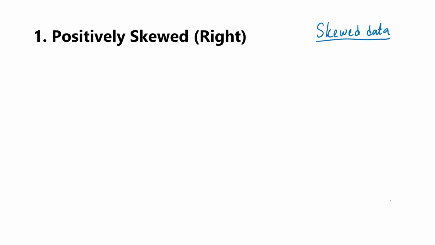But of course, what if the distribution is not normal? That can happen when the data is lopsided, and we call that skewed data. As a result, we have something called positively skewed distribution or right skewed distribution.